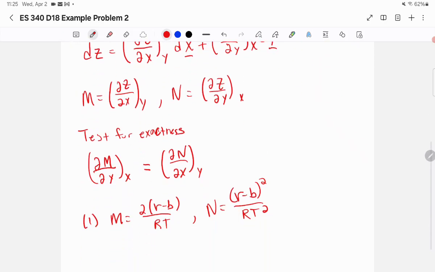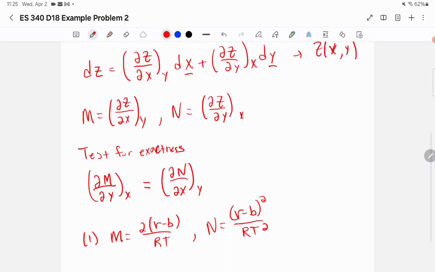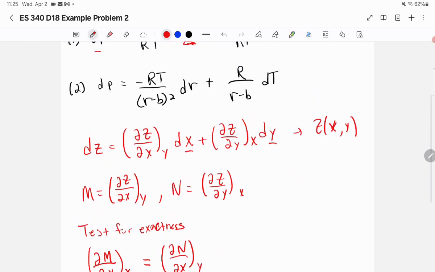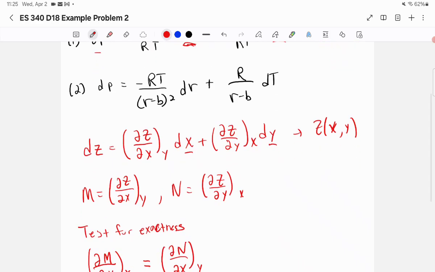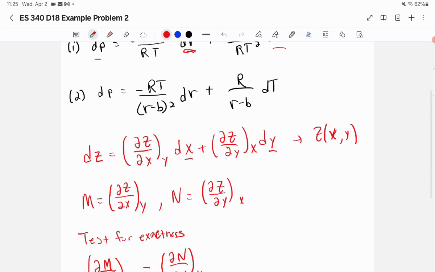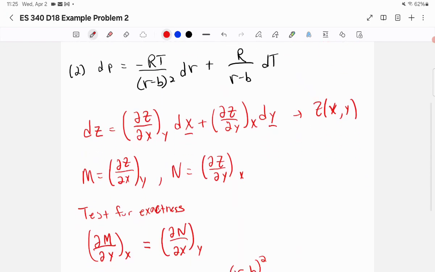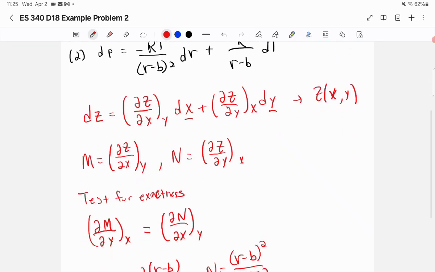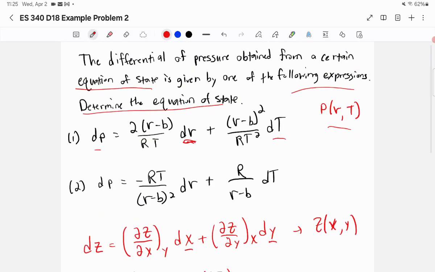Now look at what we would have to do here, relating back to x and y. M is equal to dz/dx holding y constant. So in this case, M is related to the volume, and N is related to the temperature.